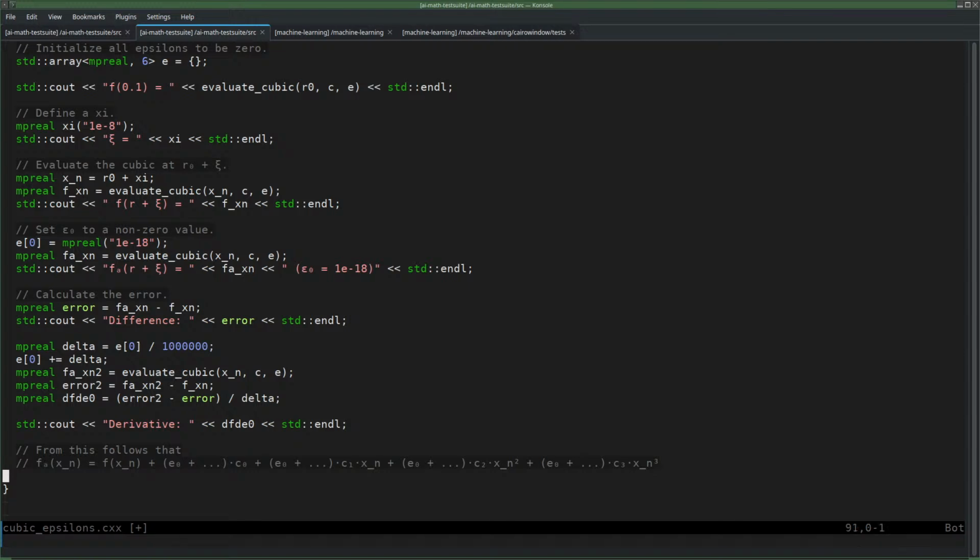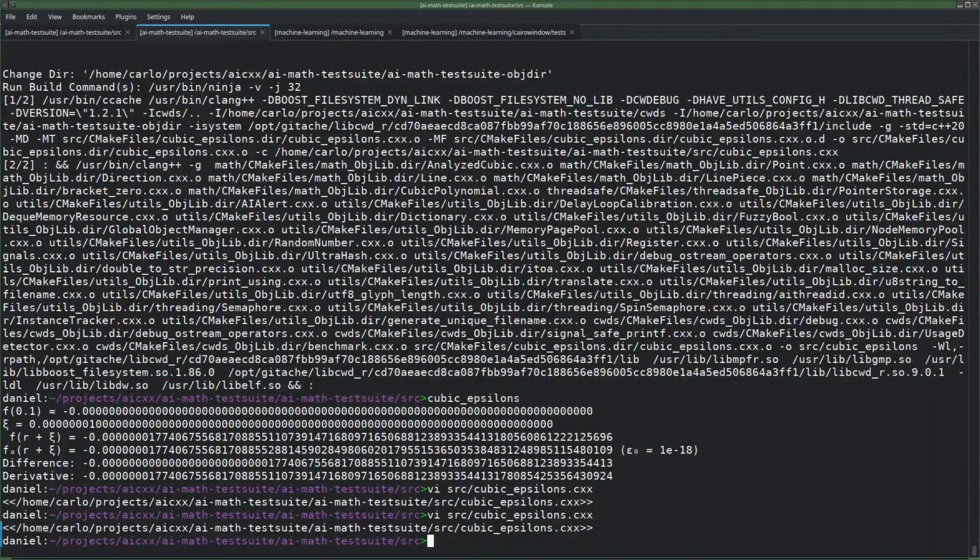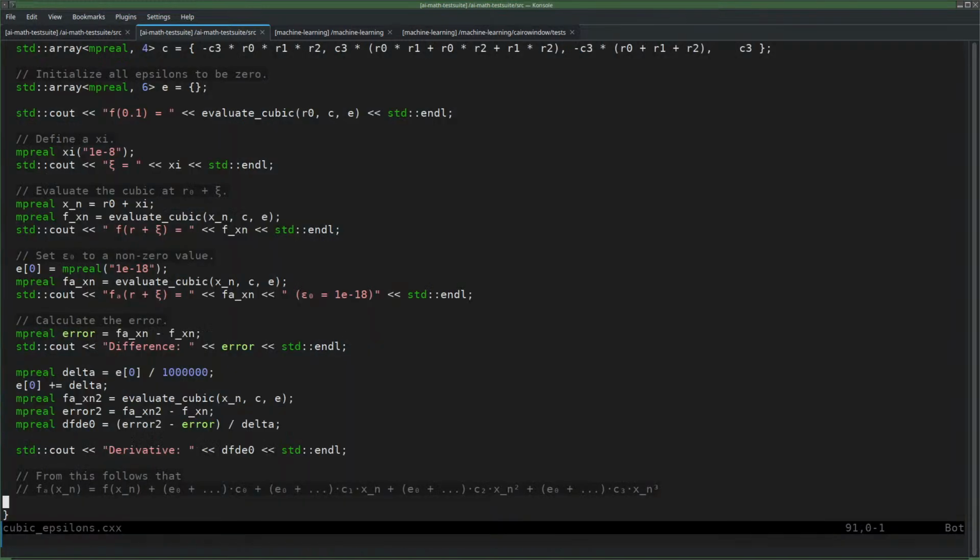Now I recognized by eyesight that these two were equal. But what if I had not recognized that? Then what would have been the way to proceed here? Well, I should have split this thing up into all these different terms, right?